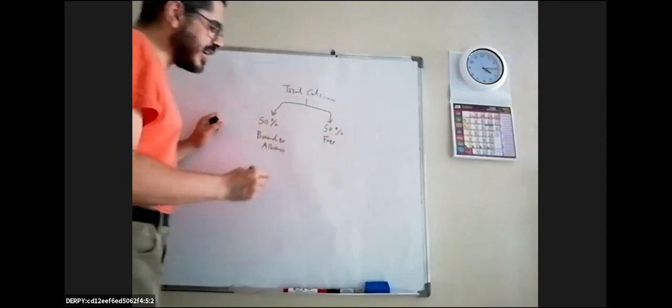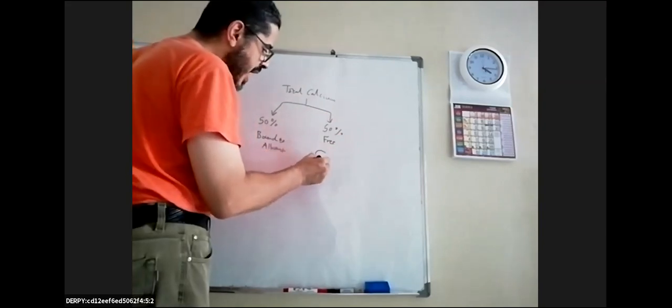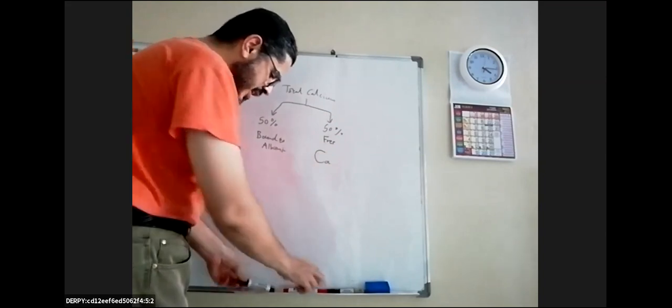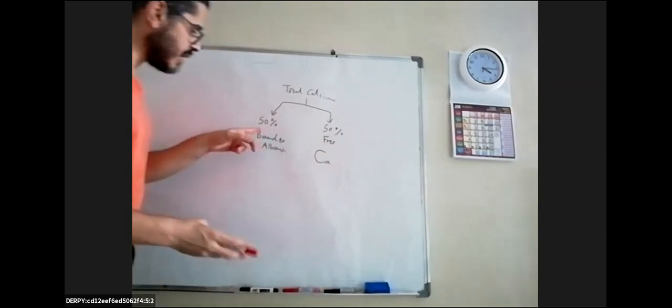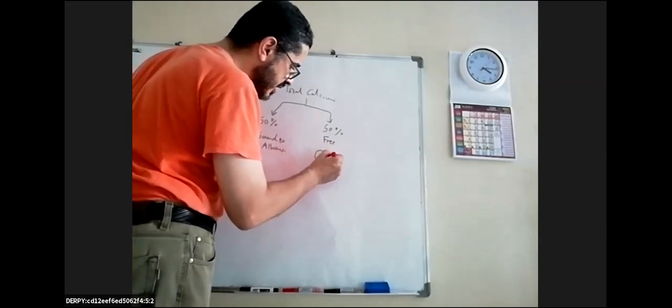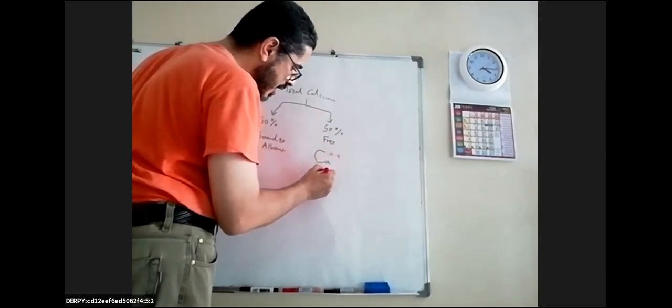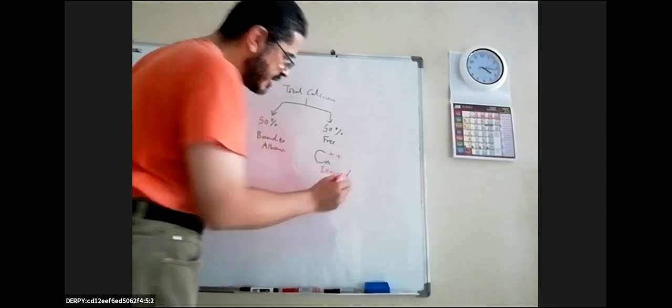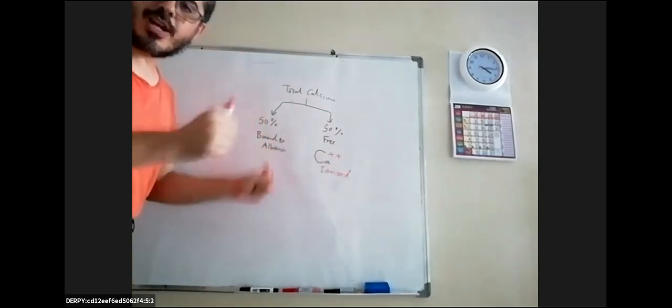The free calcium is ionized. The free is ionized; this one is not ionized. The free has two charges here. And this is the important one. This is the strong calcium.